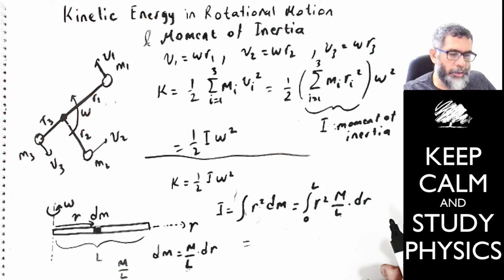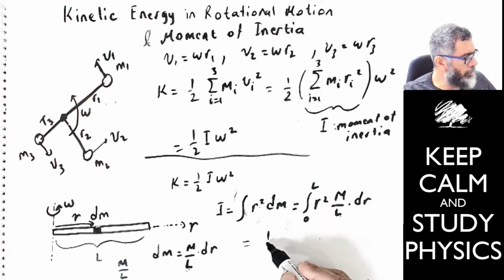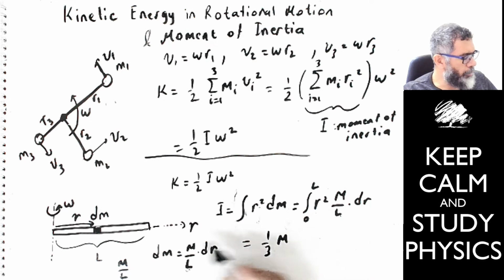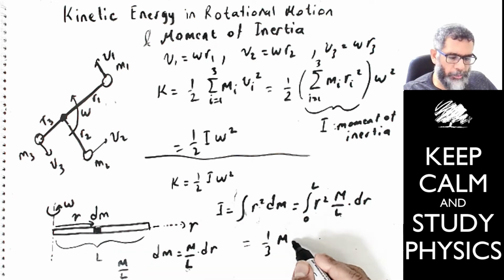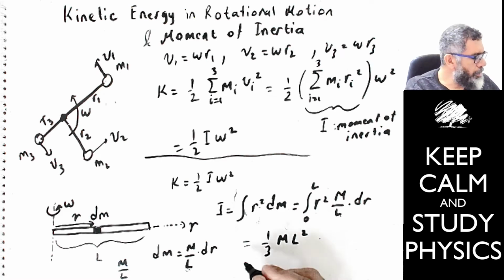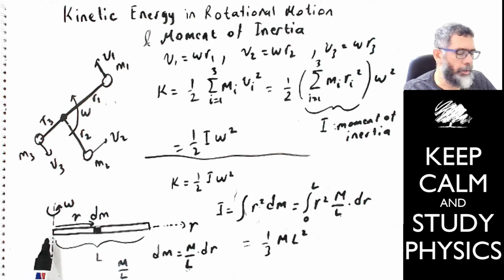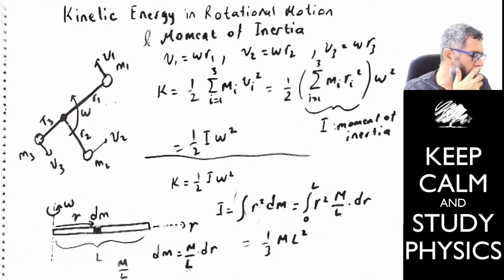Okay, so its integral is very easy. The integral of r squared dr is just r cubed divided by 3. So if you put in L, then you get 1/3 capital M, the total mass of the rod, multiplied by L squared. So this is the moment of inertia for a rod that is just rotating around one of its endpoints in this manner, with some angular velocity.